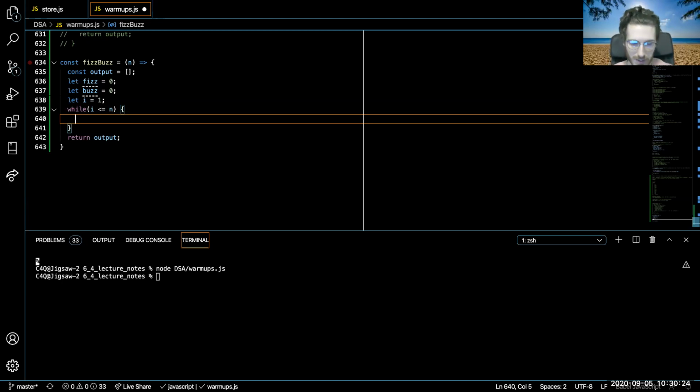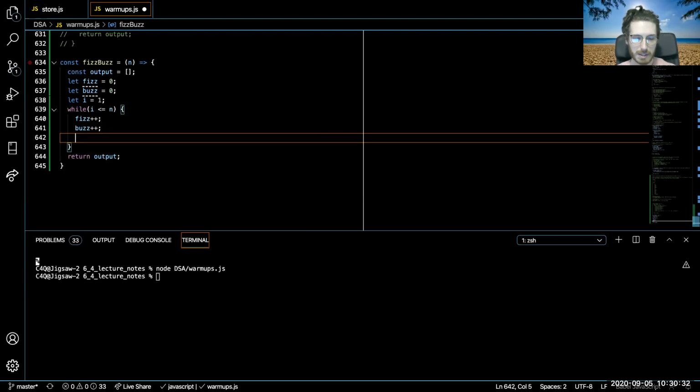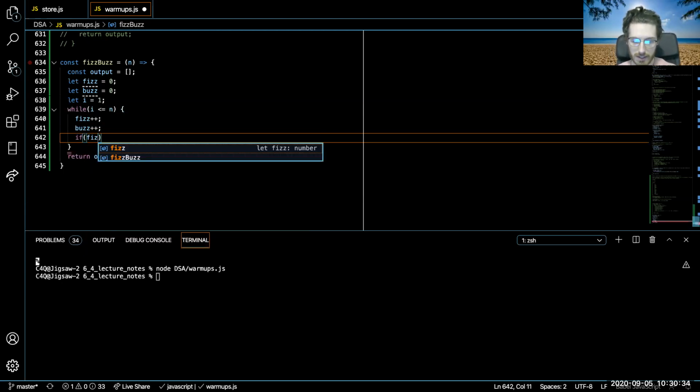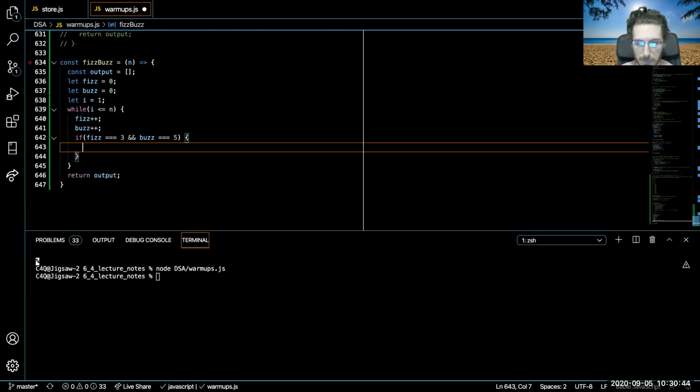I think you're totally on the right track here. So we could increment our fizz, and we could increment our buzz, and then we could be doing our checks. If fizz is equal to 3 and buzz is equal to 5, then there's something we want to do.